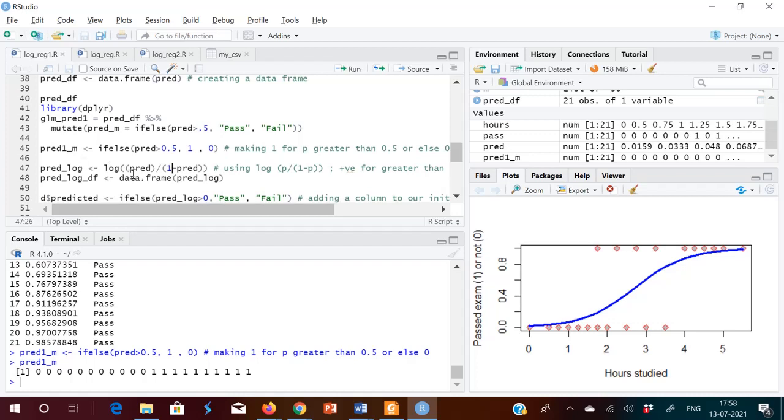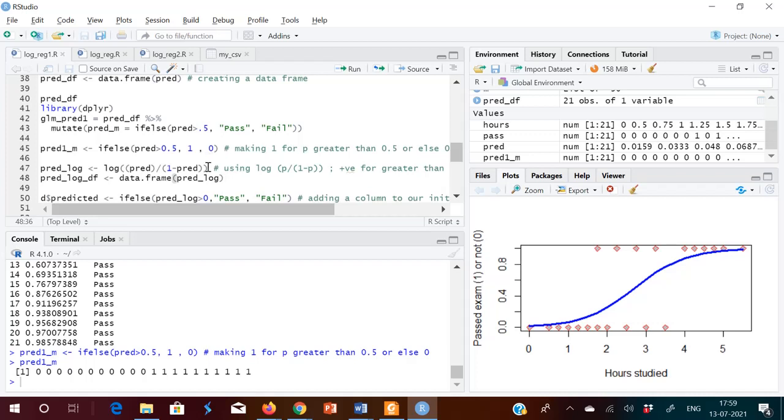So now I am finding using log, and then I am checking whether it is a negative value or positive value. Actually, I told you log of 1 is 0. So log of less than 1 will give you negative, and log of greater than 1 will give you positive.